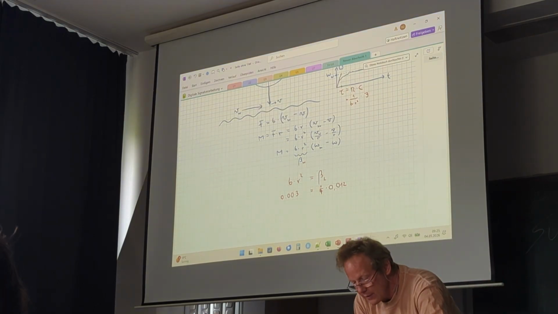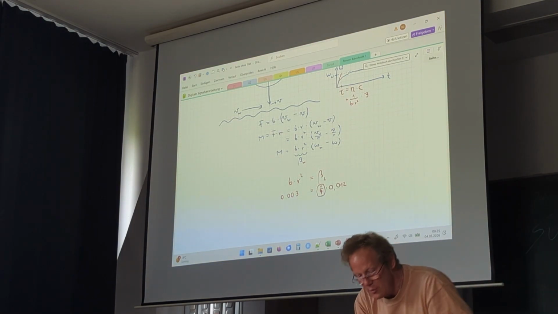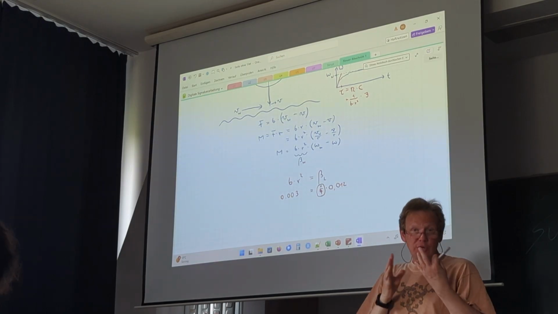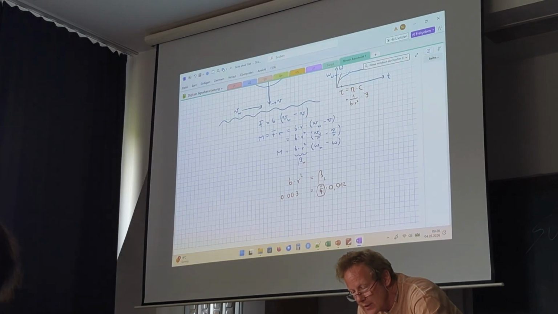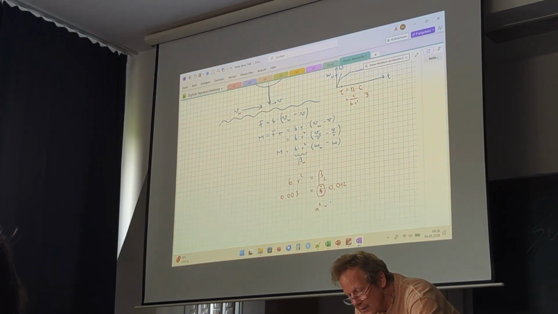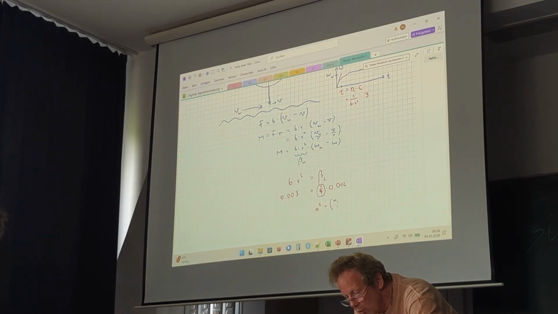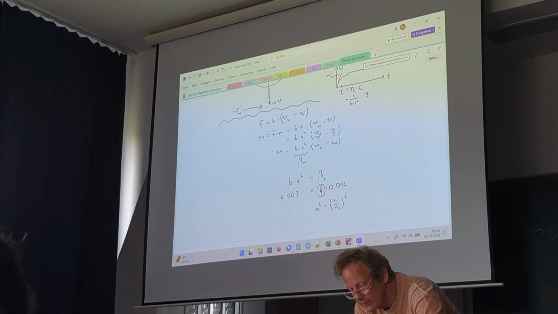And the meaning of this value is the ratio of the cogs squared. So this is what we call A squared, and this is the number 1 cog divided by number 2 cog, squared.